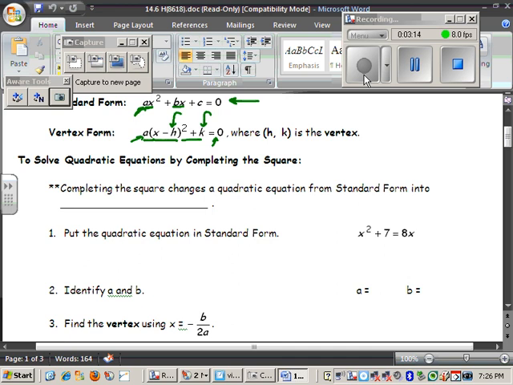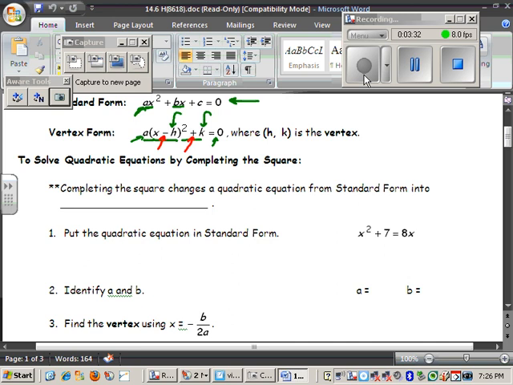Another thing that I want to point out are the operations. Here I have a minus sign and here I have a plus sign. The minus sign in the formula says that whatever number is there for h, the h would be positive.